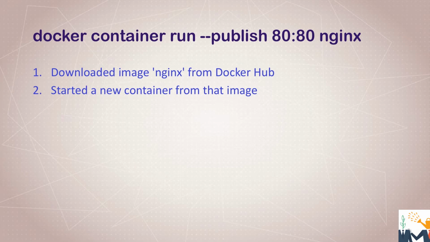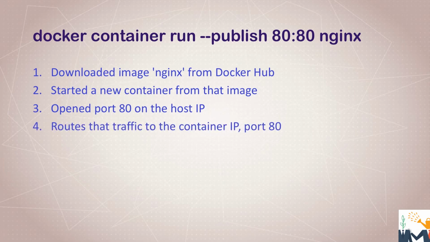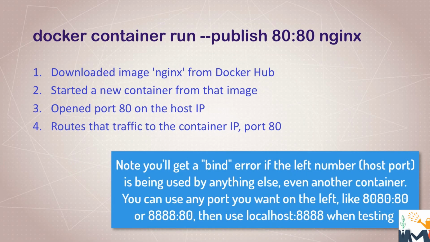The publish part of the command exposes my local port 80 on my local machine and sends all traffic from it to the executable running inside that container on port 80. And since NginX is a web server, it's going to default to port 80, and the traffic just forwards automatically through my browser to my local host and into that container.